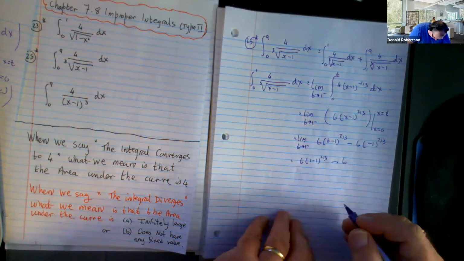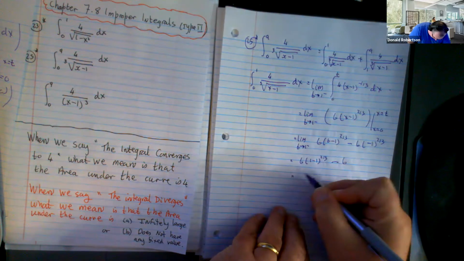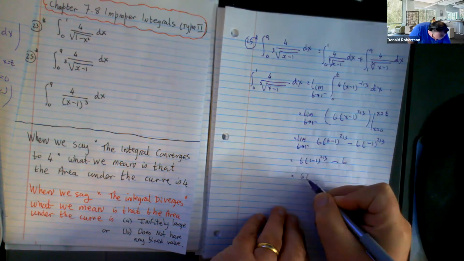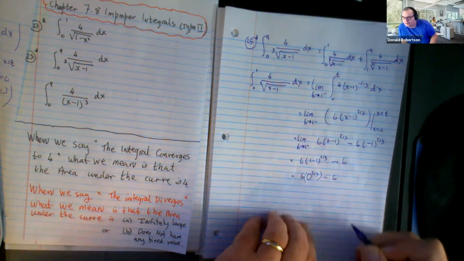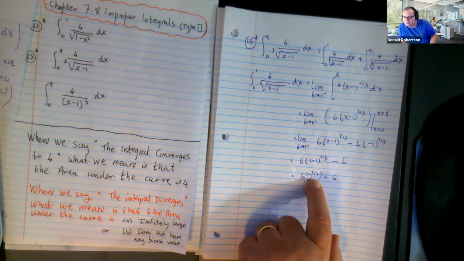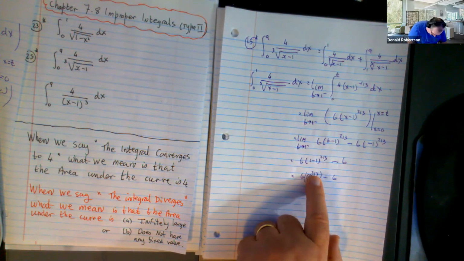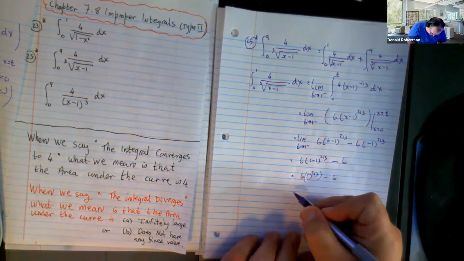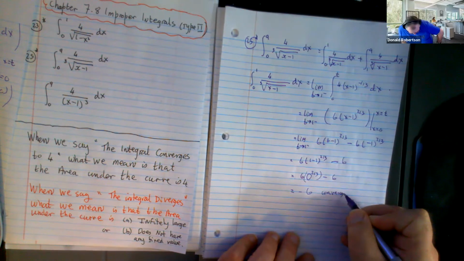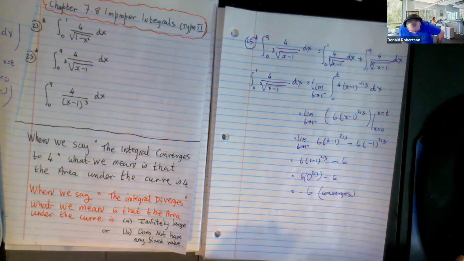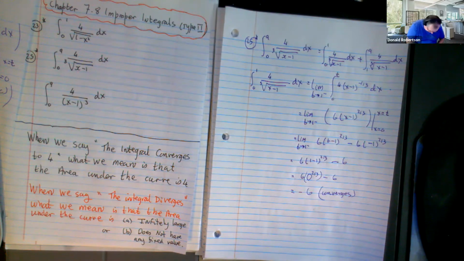Which is, well, 1 take away 1 is just 0. Would you agree that 0 to the power of 2/3 is also 0? So what we get here is that the first piece converges to negative 6. Are we go with that? The first piece converges to negative 6.